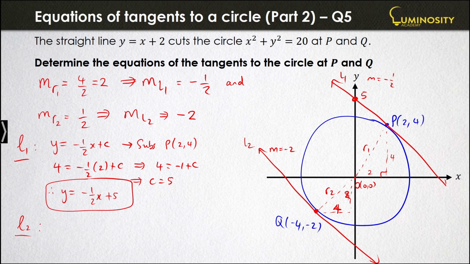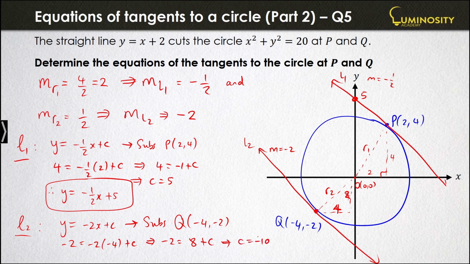Okay, for line 2, similarly, you're going to have y equals negative 2x plus c, and you want to substitute the point of contact, which is Q (-4, -2). So if you do that, you're going to get negative 2 equals negative 2 times negative 4 plus c. That implies negative 2 equals positive 8 plus c, which implies c is equal to negative 10. So the equation is y equals negative 2x minus 10.